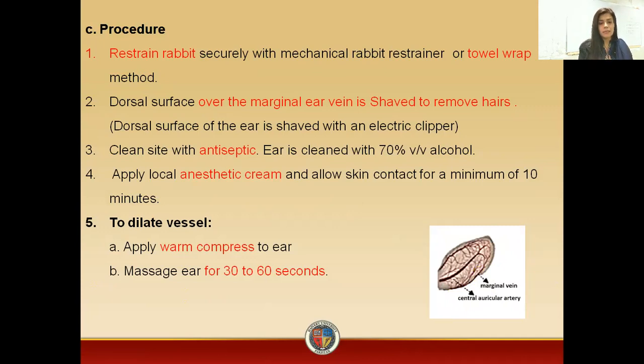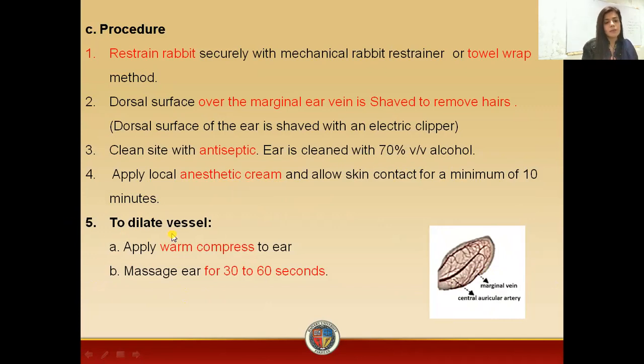Then we will clean this site with an antiseptic. Usually we use 70% volume by volume alcohol. Then you will apply the anesthetic cream over there. Usually we prefer to apply it 30 minutes before, but some authors have written you can apply it 10 minutes before as well, but you should apply this 30 minutes before.